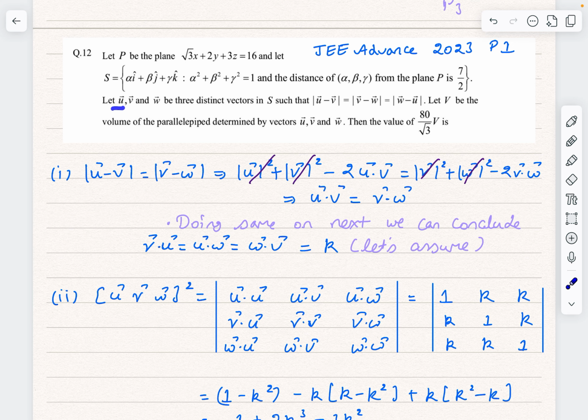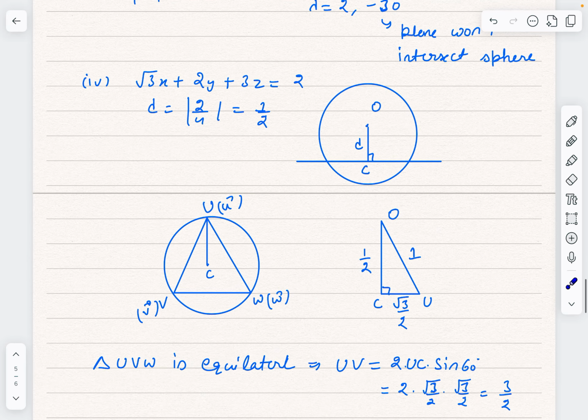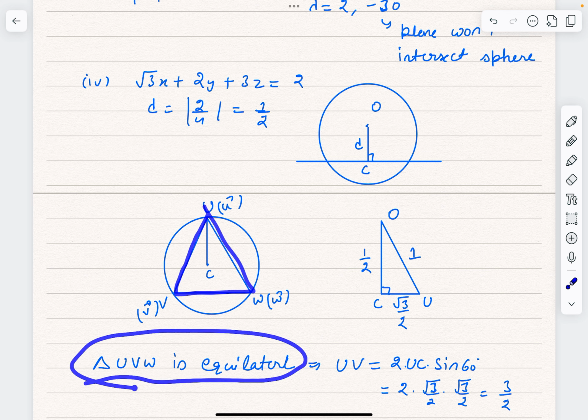So u vector will be one of these, v vector will be one of these, w will be one of these. And what is special about them? They are equidistant from each other. So mod of u minus v equals mod of v minus w equals mod of w minus u. So we take 3 points on the circle which are equidistant from each other, and if we join them, they will make an equilateral triangle.